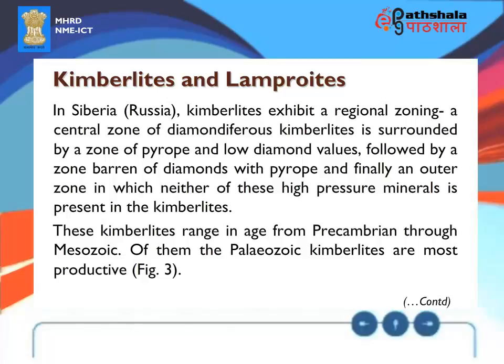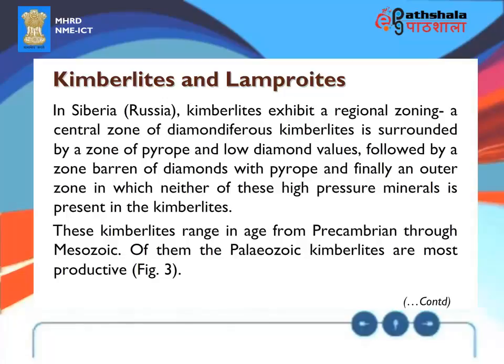A central zone of diamondiferous kimberlites is surrounded by a zone of pyrope and low diamond values, followed by a zone barren of diamonds with pyrope, and finally an outer zone in which neither of these high-pressure minerals is present in the kimberlites. These kimberlites range in age from Precambrian through Mesozoic.